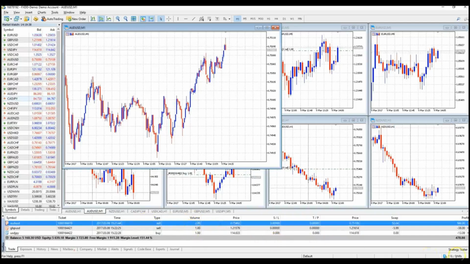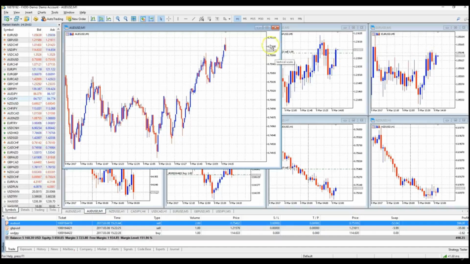So you can see on the profit here that right now the price is 0.7508, and once this moves, just watch the profits down below. 0.7508. Okay, we're not getting much action this morning.